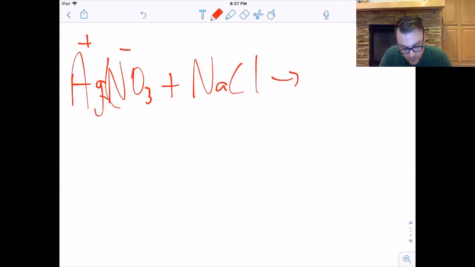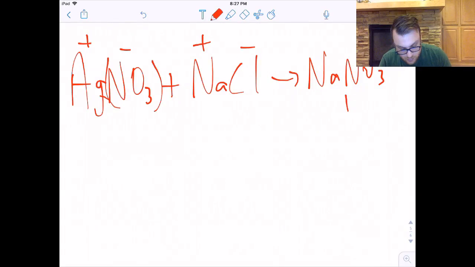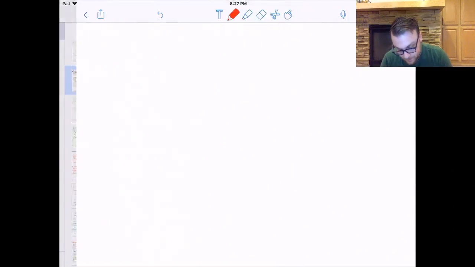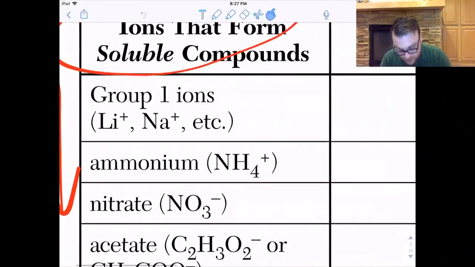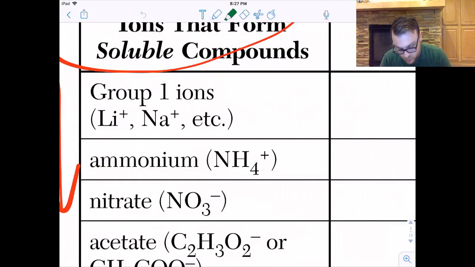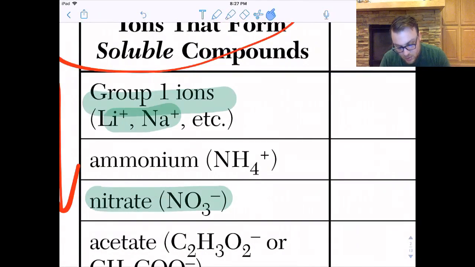When these react, the two positive charges switch places with each other. Now, according to my solubility rules, anything combined with a group 1 element or a nitrate, which is what I have in this reaction, is always soluble. There are no exceptions to their solubility.